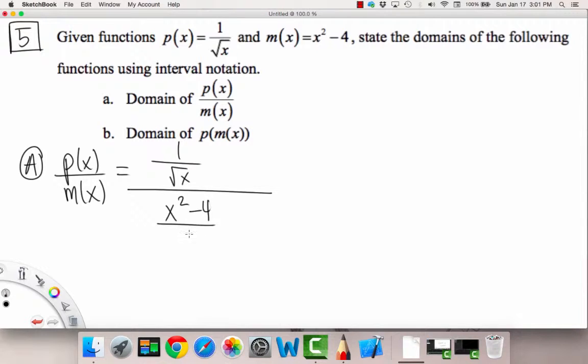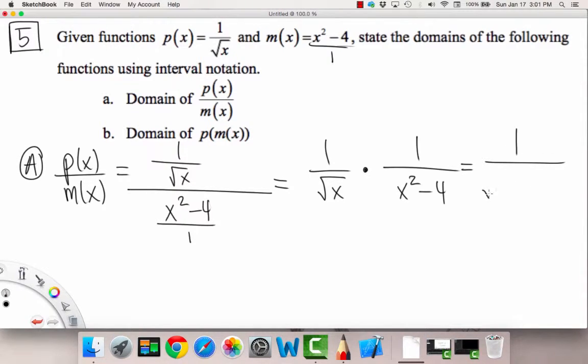It helps to think of x squared minus 4 as being over 1, so we can flip it up to the top and multiply by the reciprocal, because dividing by a fraction is the same thing as multiplying by the reciprocal. So this is 1 over square root of x times 1 over x squared minus 4. Overall, p of x over m of x is equal to 1 over the square root of x times x squared minus 4.